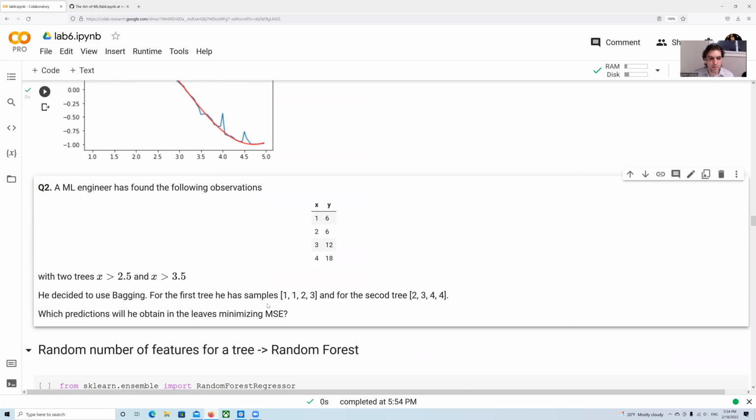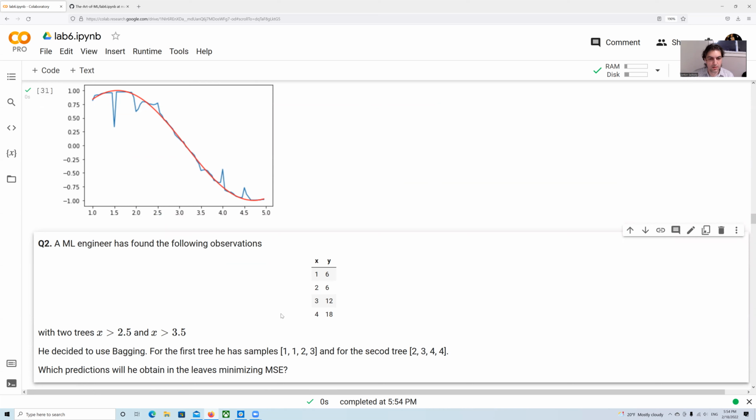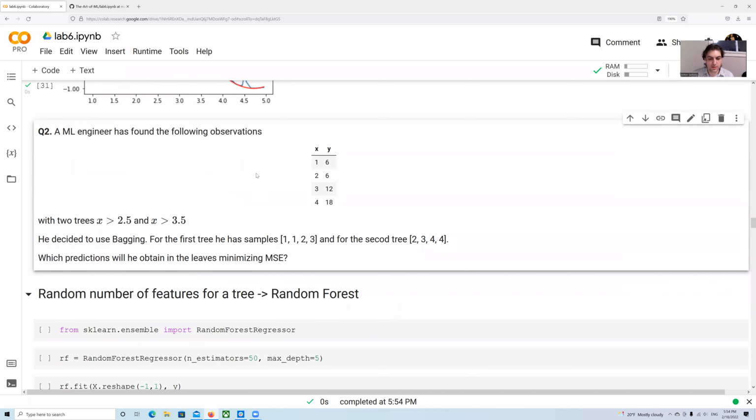Now, let's take a look at this problem to understand better the idea of Bootstrap. A machine learning engineer has found the following data set. And also, there were the first two nodes of the tree. So let's draw that.